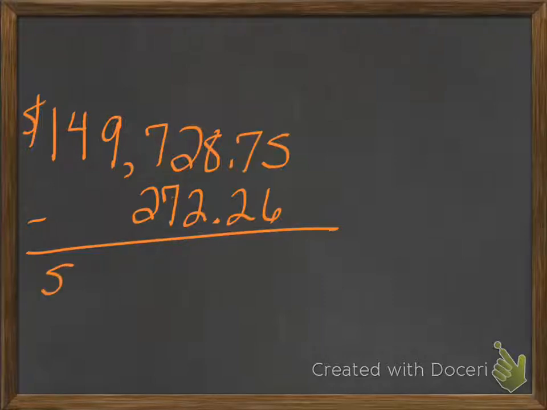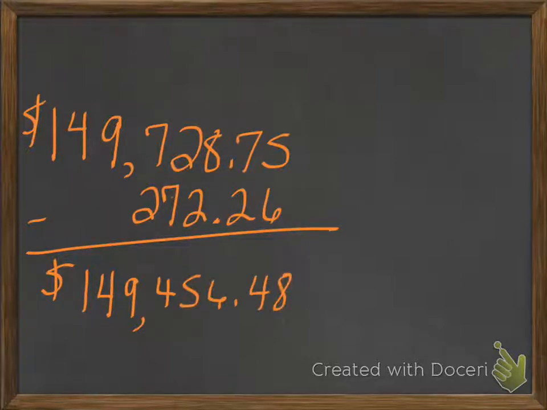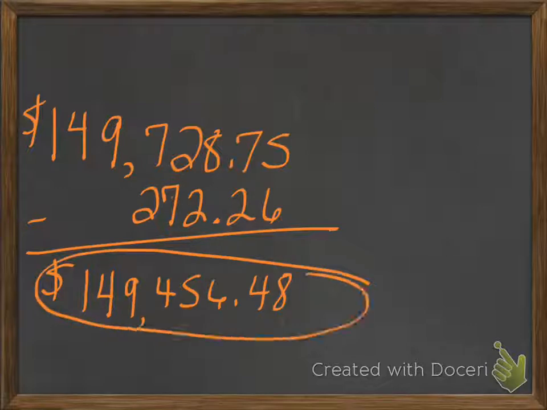It leaves us owing $149,456.48. So the payment for month 3 would use that amount to get us going.